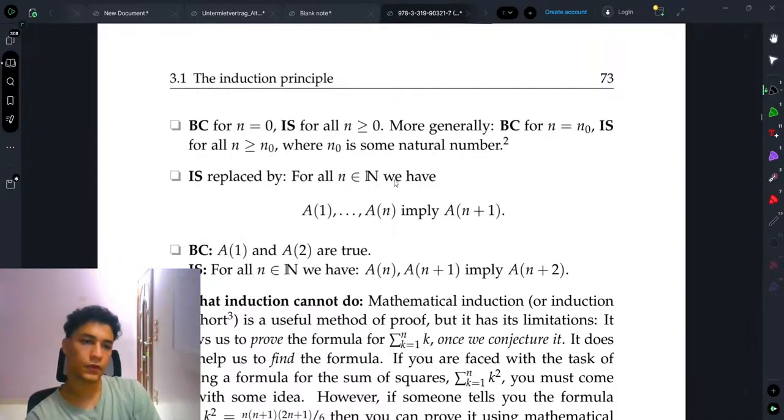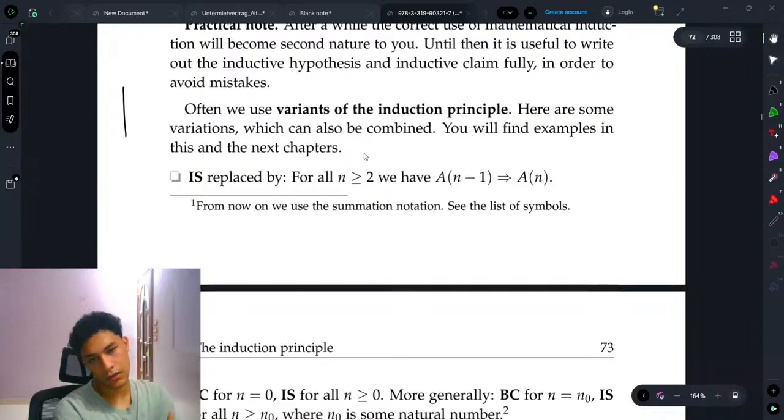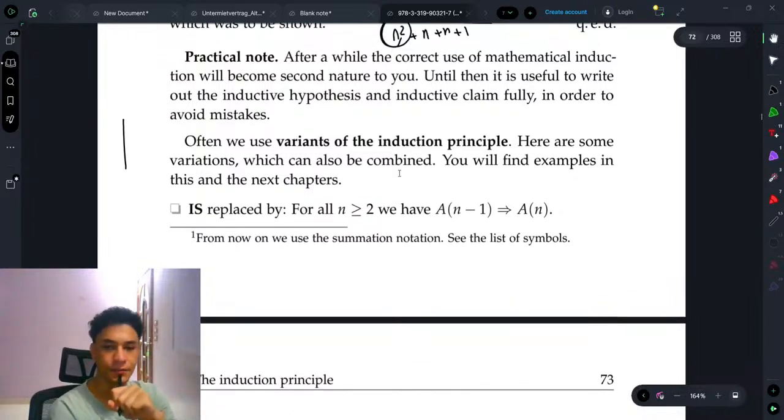First of all, I need to understand this part here. Is replaced for all n greater than 2. We have a n or a n.